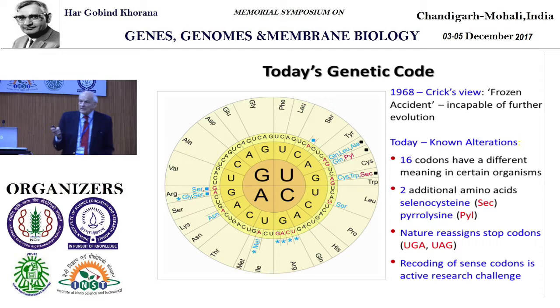So nature already told us how one would go ahead and extend the genetic code by recoding stop codons. And there are two ways that scientists have continued this, by reassigning UGA or UAG stop codons, or by recoding of sense codons.